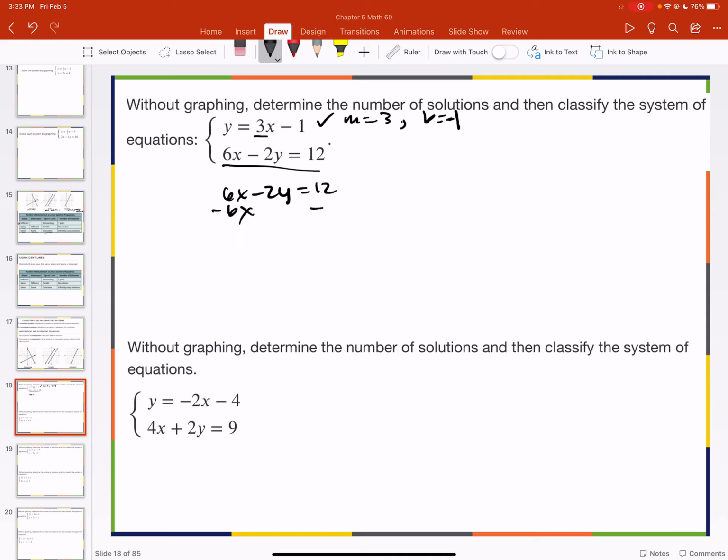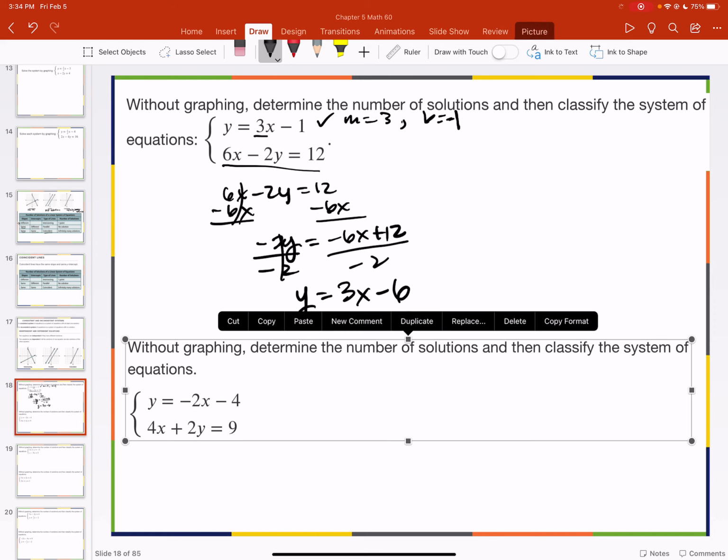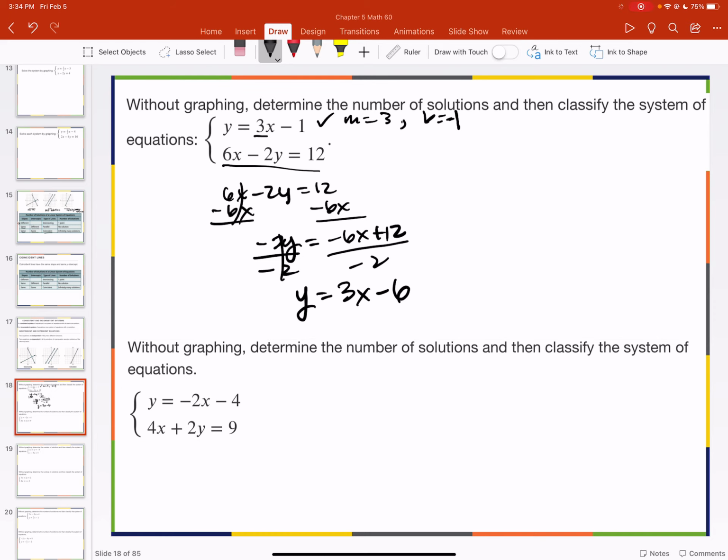Subtract 6x from both sides, we get -2y is equal to -6x plus 12. Then divide by -2. We get y is equal to 3x minus 6. So the slope is 3 for this one, but the y-intercept is -6.